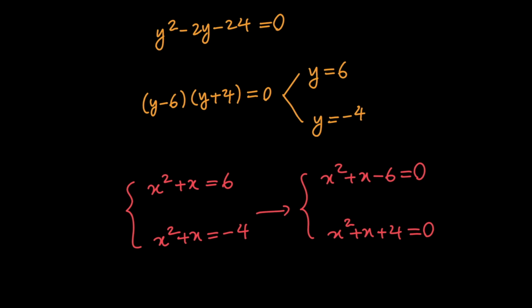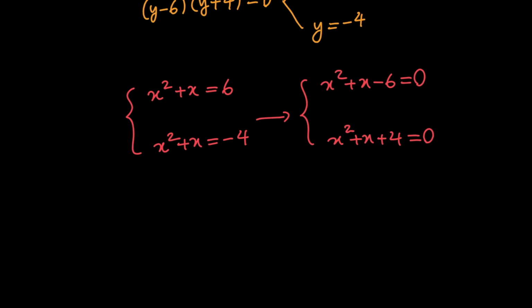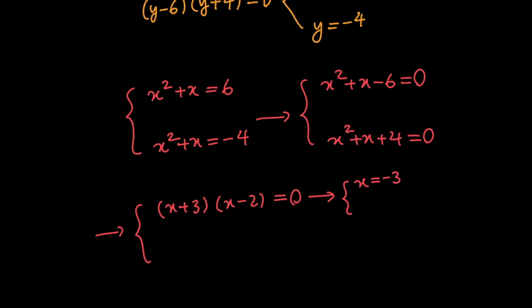Now, to solve the first one, we can use factoring again, and we can write it as (x plus 3) times (x minus 2). And therefore, we can say that x equals negative 3 or x equals 2.